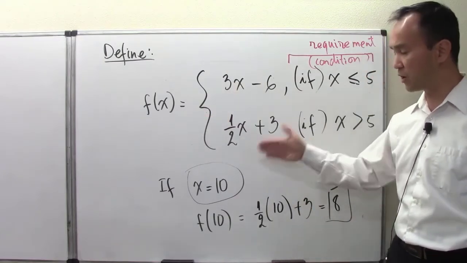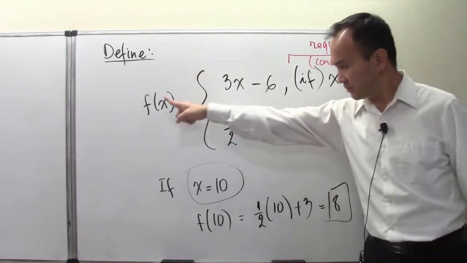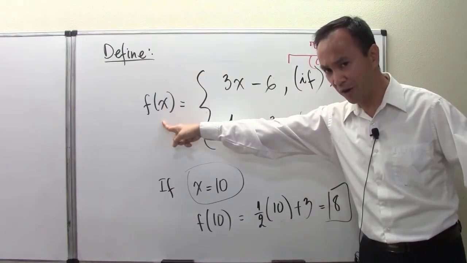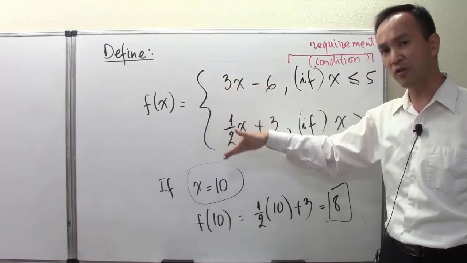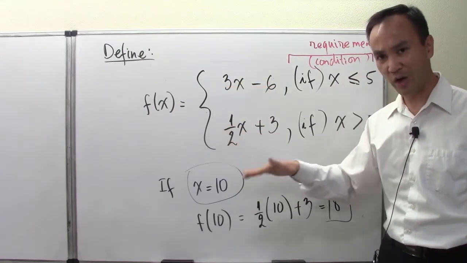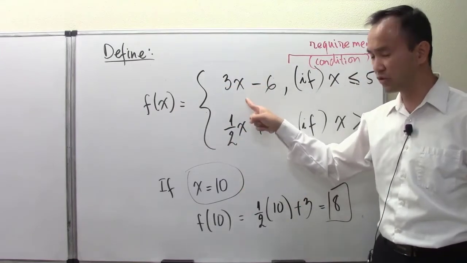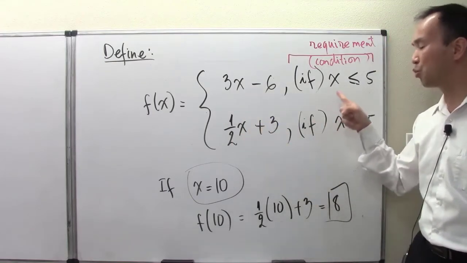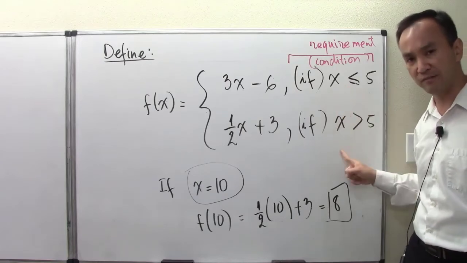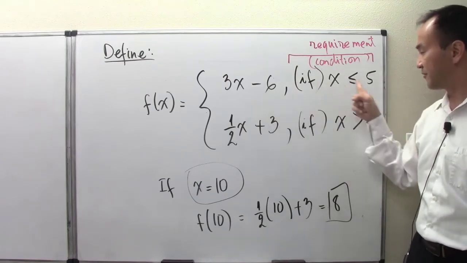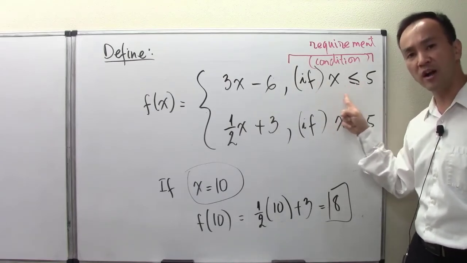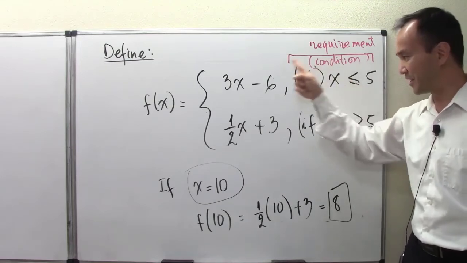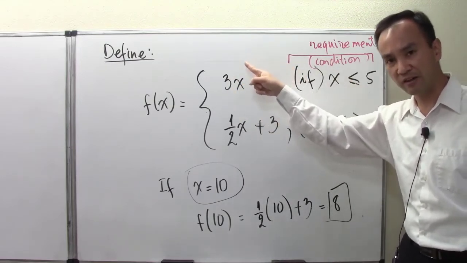This one function has more than one rule for us to calculate the outputs. But we use only one rule at a time, and which rule we use depends on which input we have selected. If our input falls into this zone, this condition, then we have to use that rule to determine our outputs.